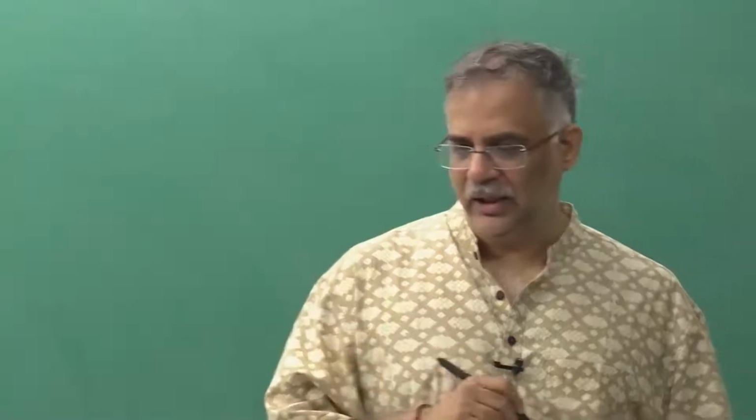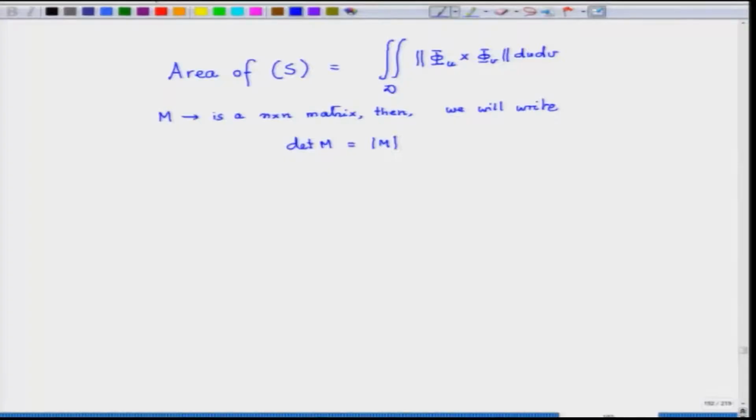Now, it is interesting that if you look at the structure of the norm of phi u cross phi v, the cross product of these vectors, this turns out to be a very interesting kind of expression.